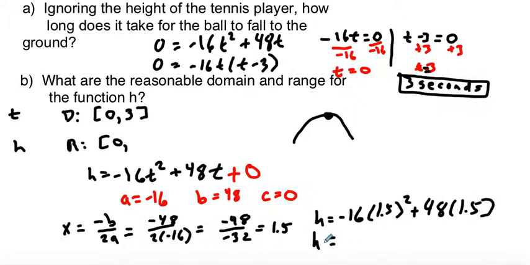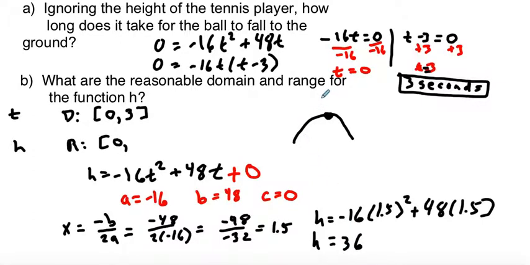So h equals, I'm just plugging it right into my calculator. I'm going negative 16 parentheses 1.5 parentheses squared plus 48 times 1.5. And I'm getting 36.